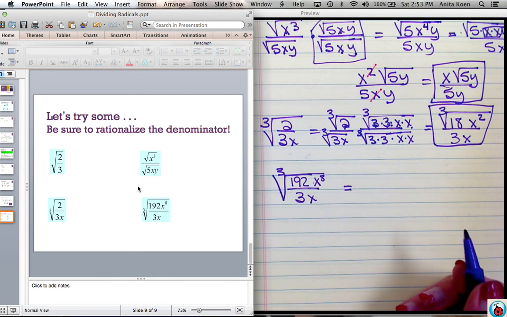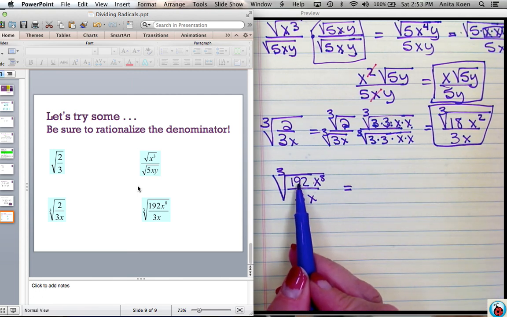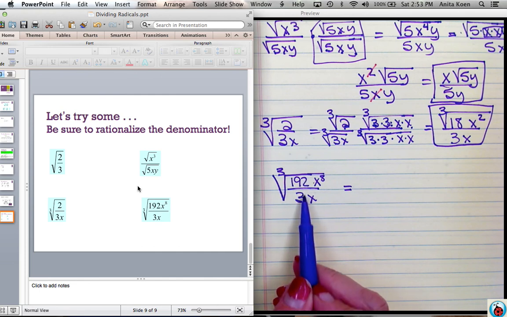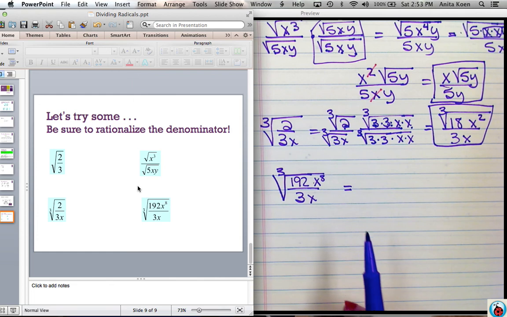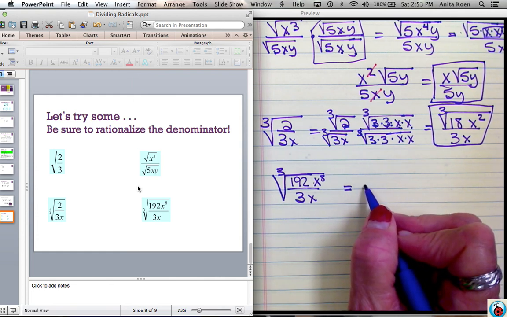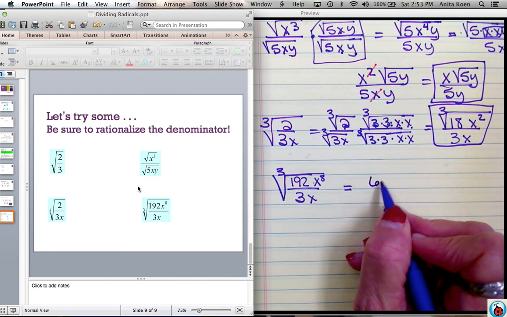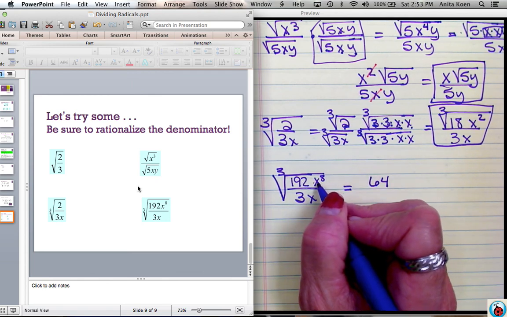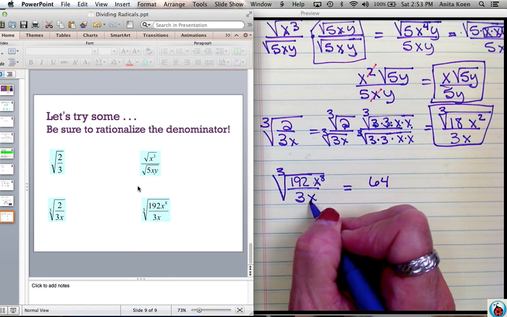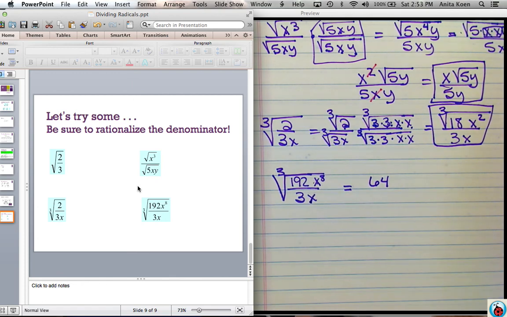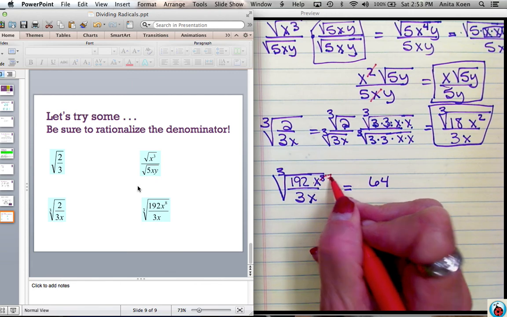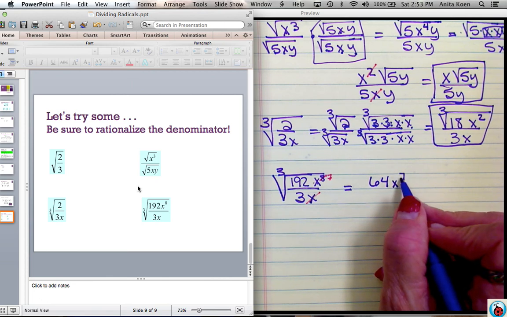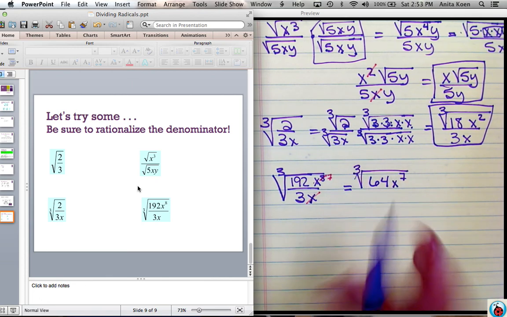Well, if you think about the fact that 192 is divisible by 3 because 1 plus 9 is 10 plus 2 is 12, and 3 goes into 12, so 3 goes into 192. 3 goes into 192 64 times. 192 divided by 3 is 64. And x to the 8th divided by x, one of these x's will cancel with one that's down here. So this is x to the 7th. And this is the cube root of x to the 7th.